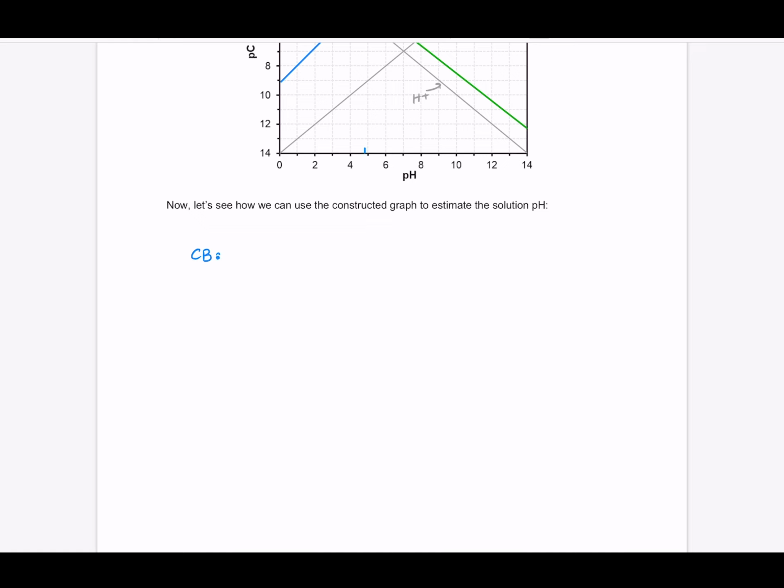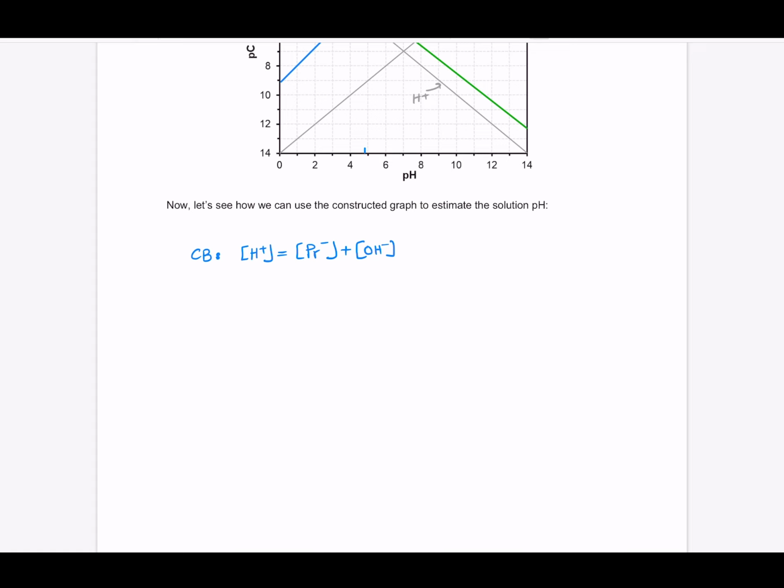So charge balance, if we write it, considering all the species, positively charged species, H plus is equal to negatively charged species, which is PR minus plus OH minus. So generally speaking, when this is satisfied, we are at equilibrium, or this has to be satisfied for this given system. So we use that and this graph to find the pH.